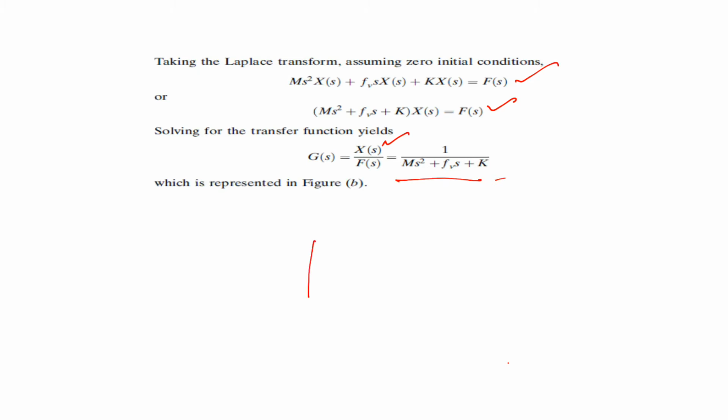discuss. Let us suppose that we have mass 1, then we have mass 2. These are connected by a spring, let us suppose K2. Then it is connected by a damper, let us suppose FV.